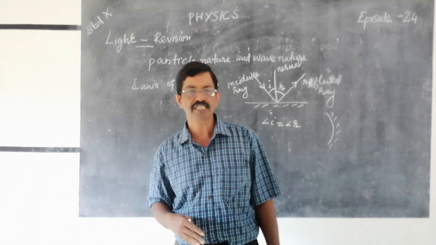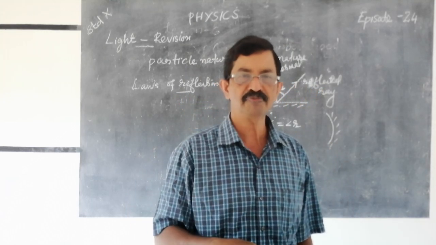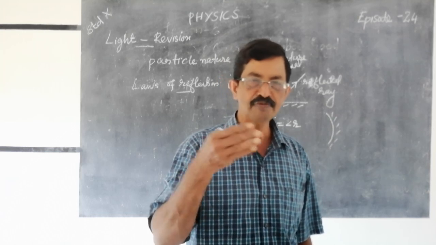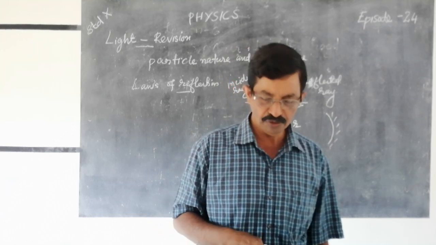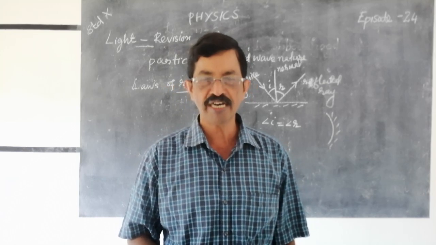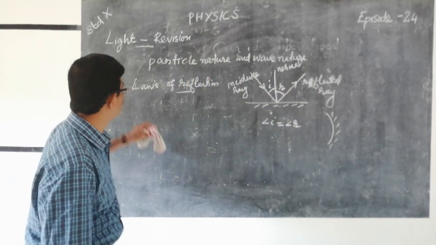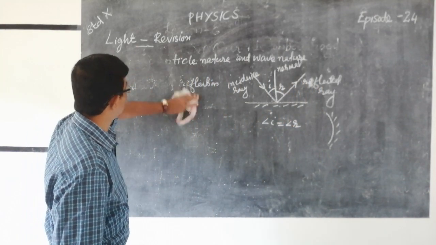To see an object, we know light is reflected from the object that we want to see. Here the question is the properties of the image formed by a plane mirror.